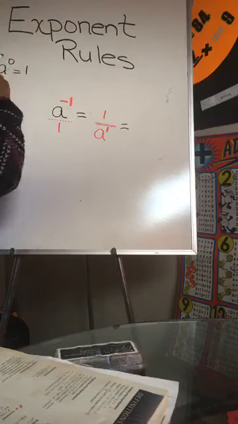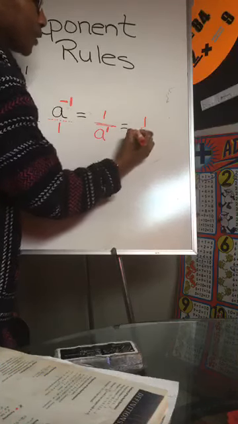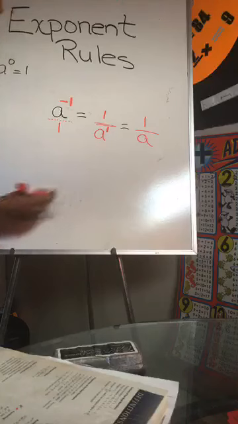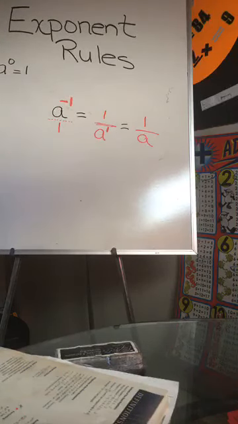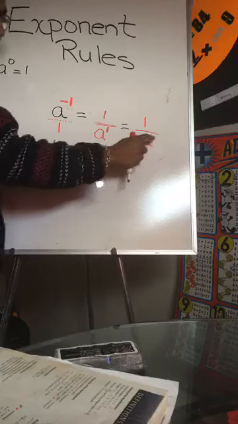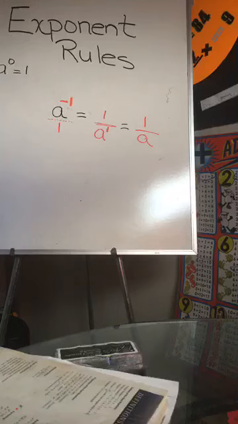So we're going to rewrite it, and it's going to be 1 divided by a. Okay? So we drop this 1 because it's understood in algebra that a variable that doesn't have an exponent is always raised to the first power, or to the number 1. Alrighty?